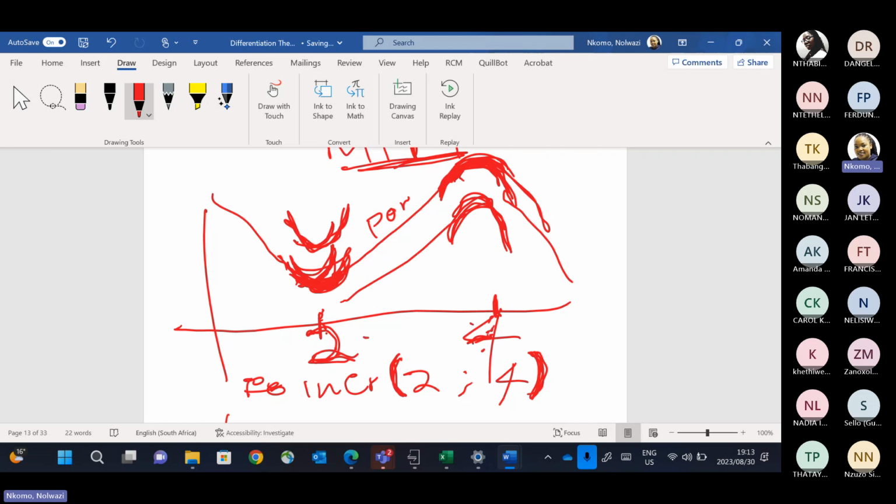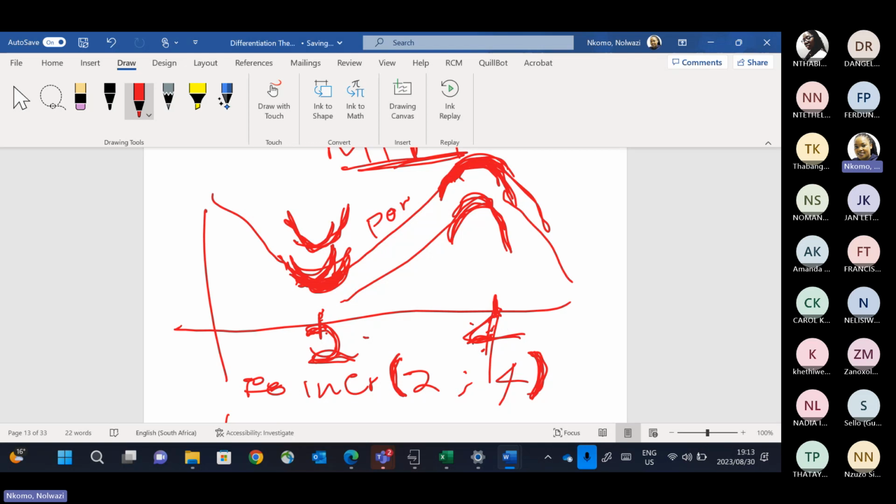Okay, remember to give the interval whereby the graph is increasing or decreasing. That interval will be determined by the x values, right? The domain is determined by the x values. And these are the x values.